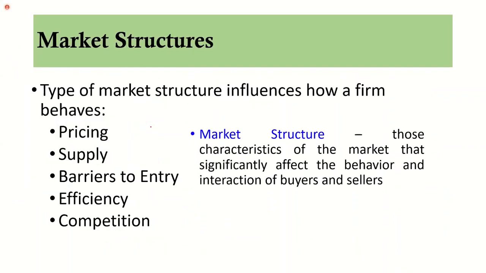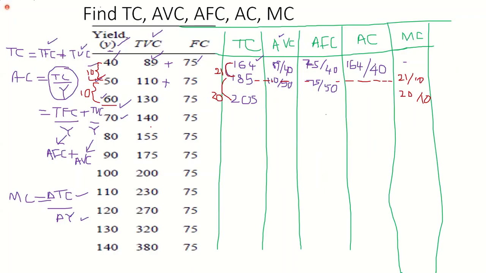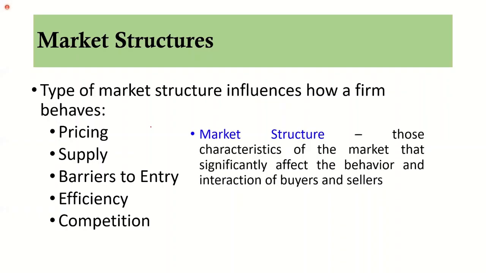For example, pricing, and market structures, how they price their product in order to maximize profit, can be explained using costs and revenue theories. Now we'll move into market structures.